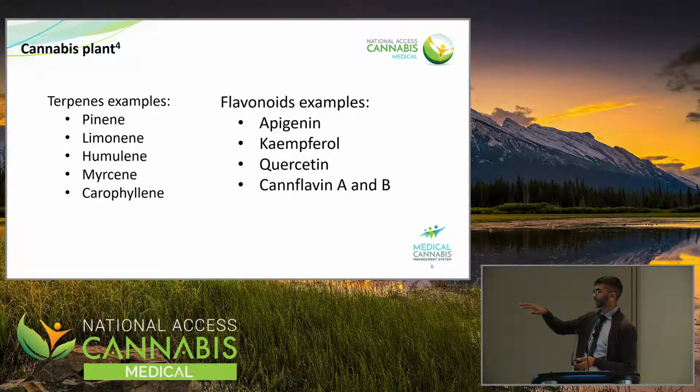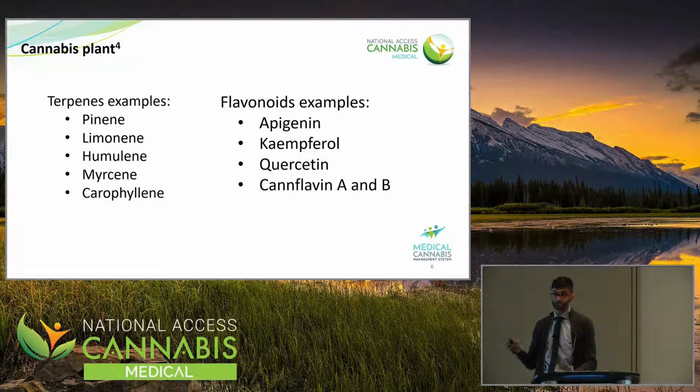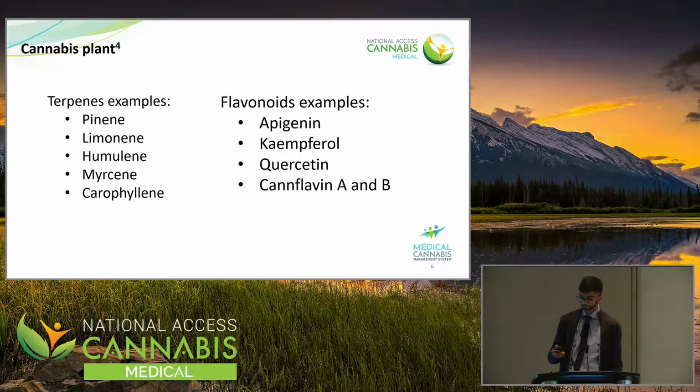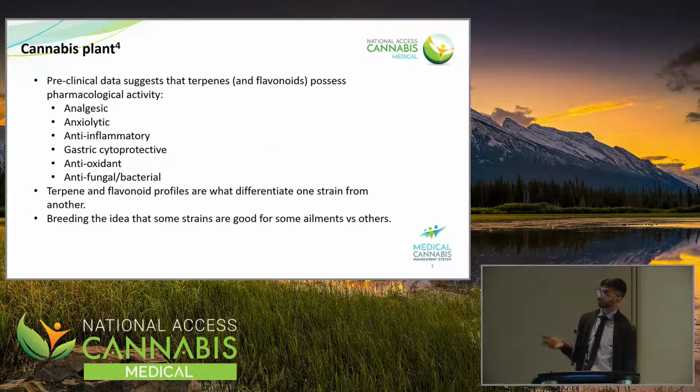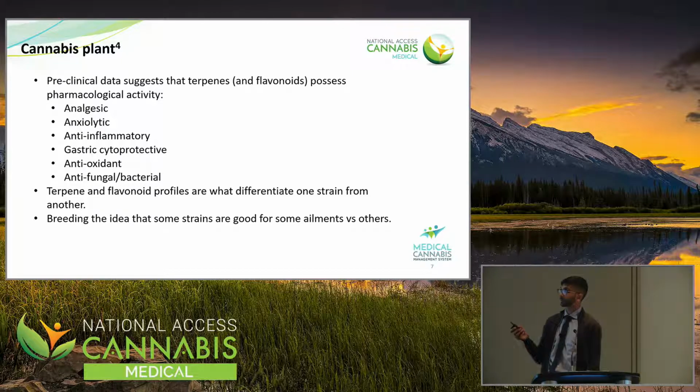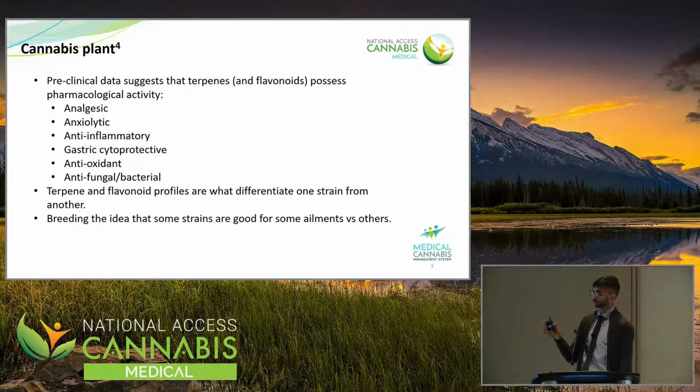And the flavonoids we have listed, apigenin, kaempferol, etc. These also may have activity on their own. Like I mentioned in my previous slide, some preclinical data suggests that terpenes and flavonoids possess pharmacological activity: analgesic, anxiolytic, anti-inflammatory, gastrocytoprotective, antioxidant, antifungal.